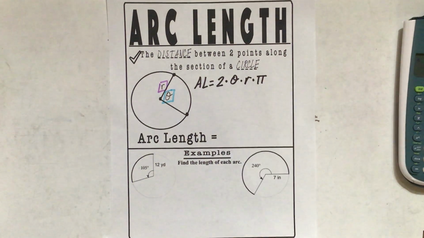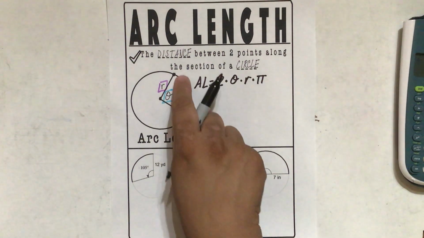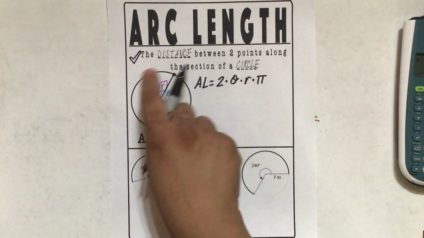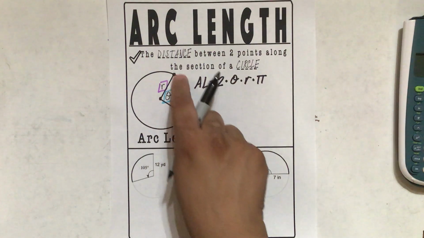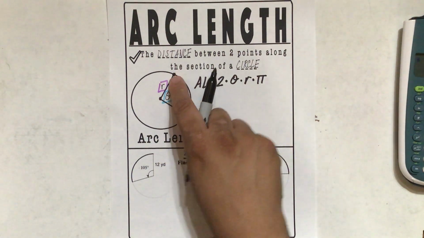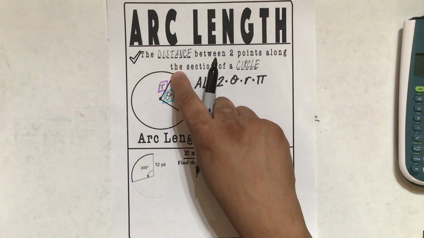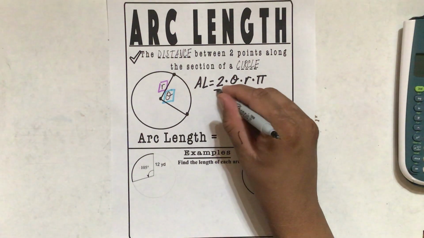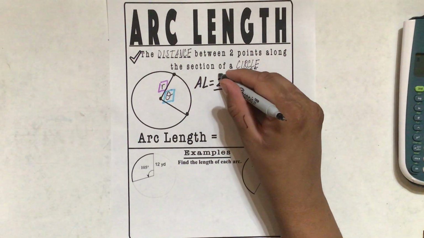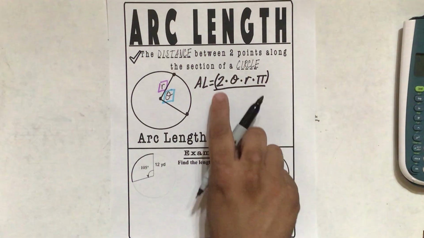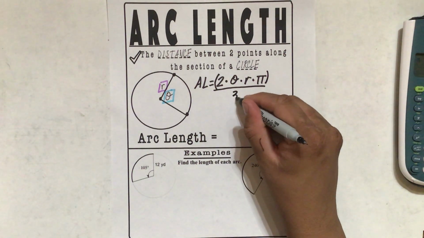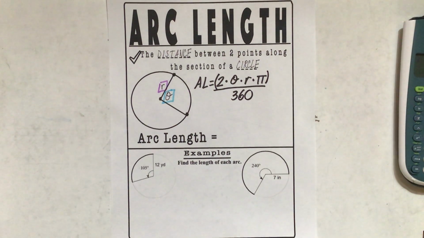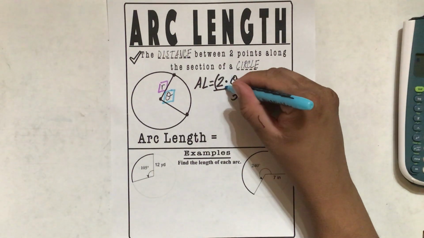Pi is when you divide the circumference of a circle, how long it is from one point all the way around, by the diameter, the distance from one point going through the center to the other. Then the whole thing is in parentheses, divided by 360.